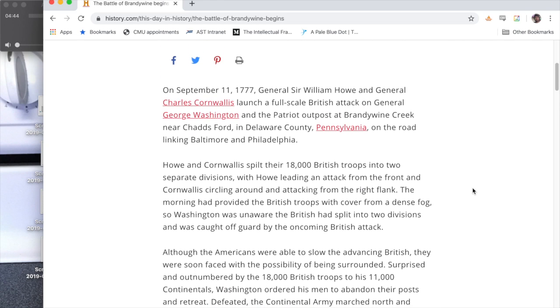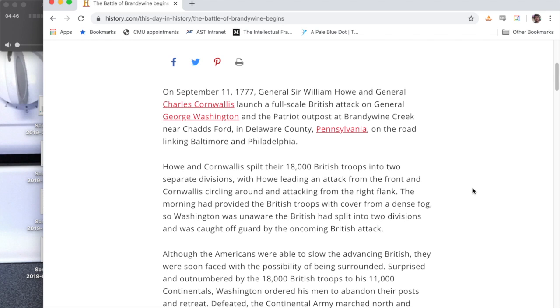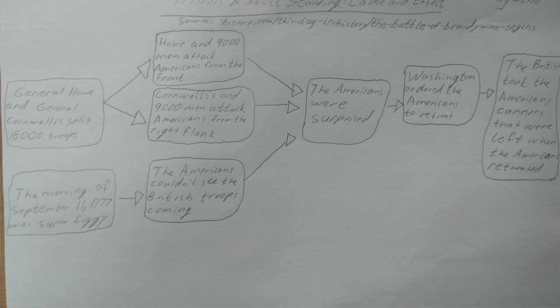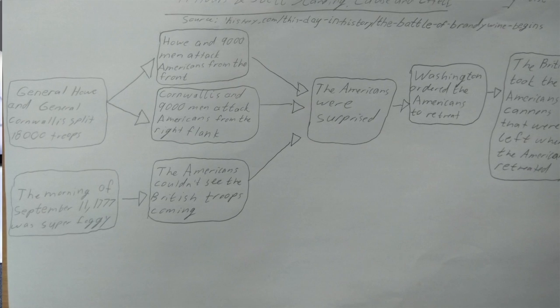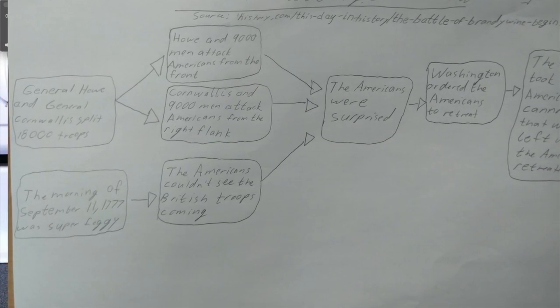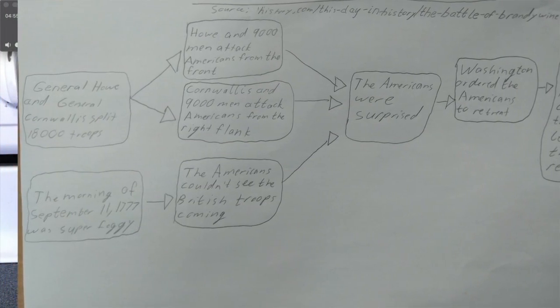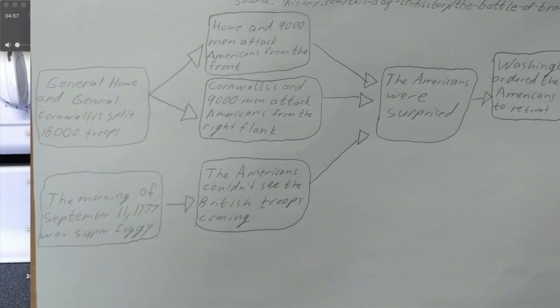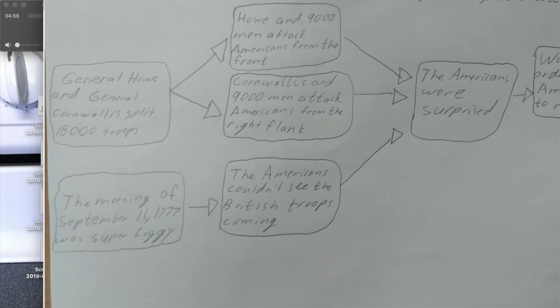Okay, so now if we look at the diagram I drew, you will notice on this diagram I did not write everything from the article that I read. I just tried to pick a few things for my cause and effect.